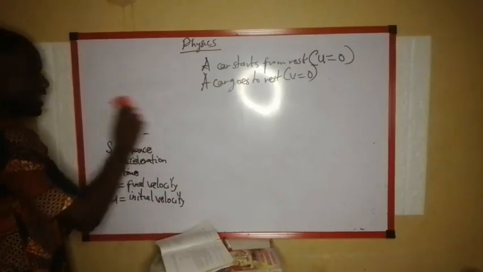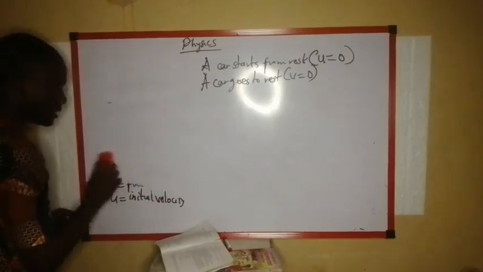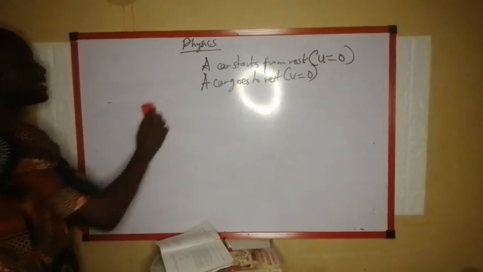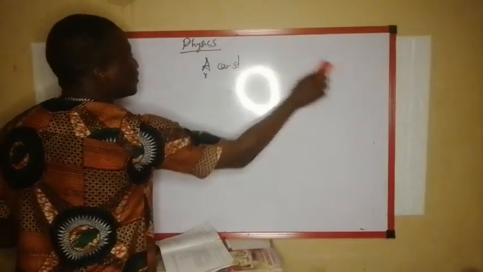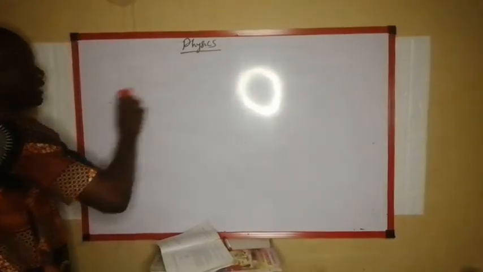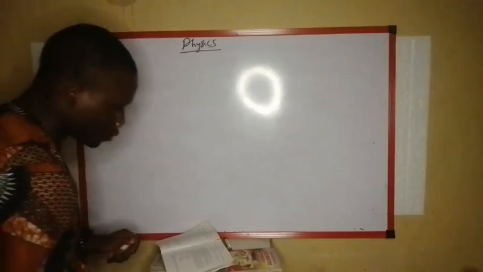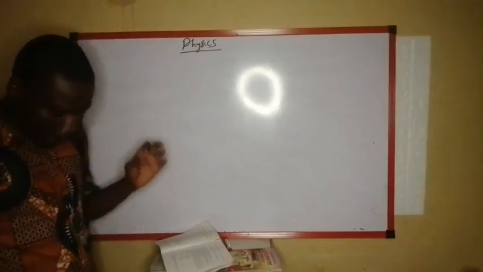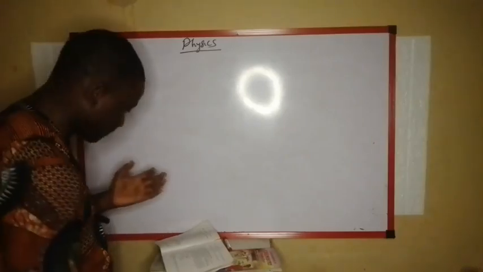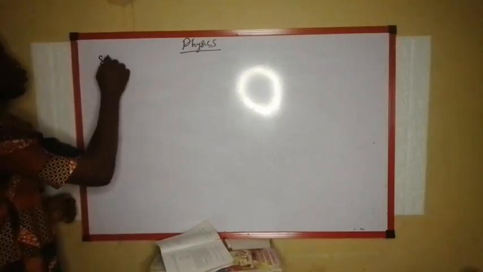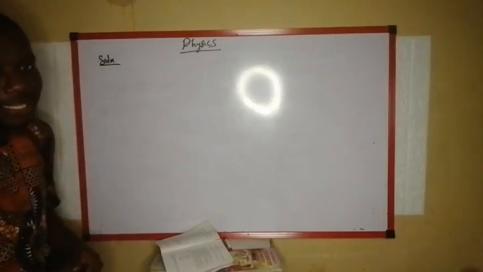Whenever you are writing a physics exam, you know WAEC is now going to be online, but definitely you are also going to be writing theory exams. But take note of this question again. Whenever you are solving a physics question, the first thing you are going to do is to write out your parameters.